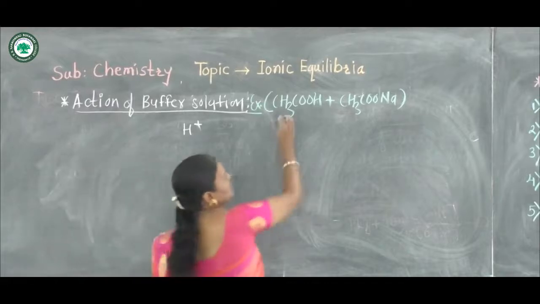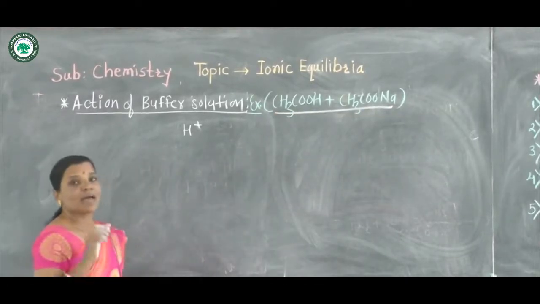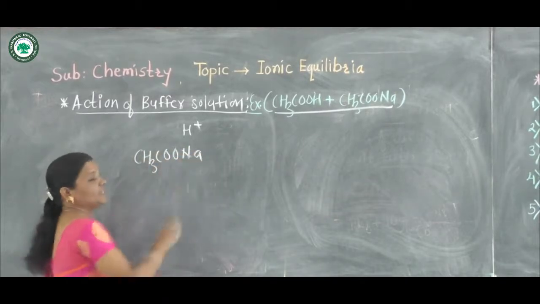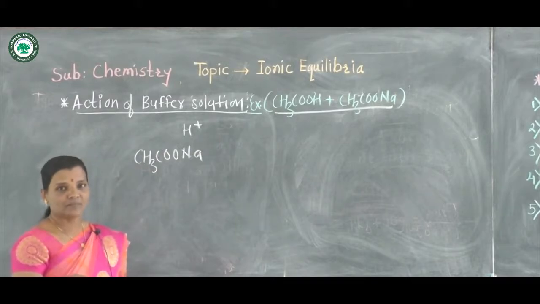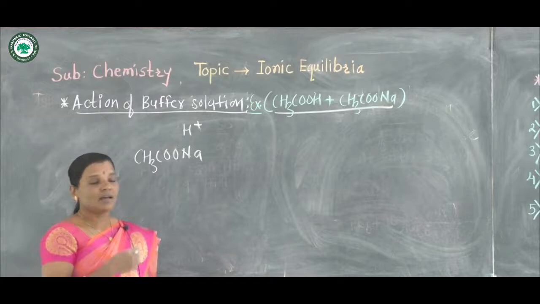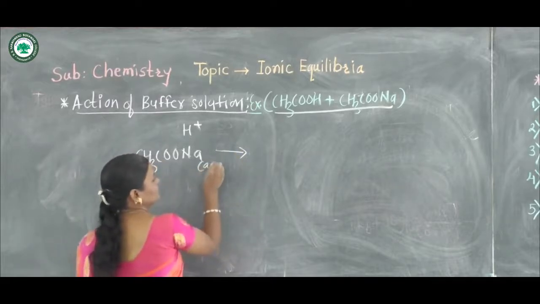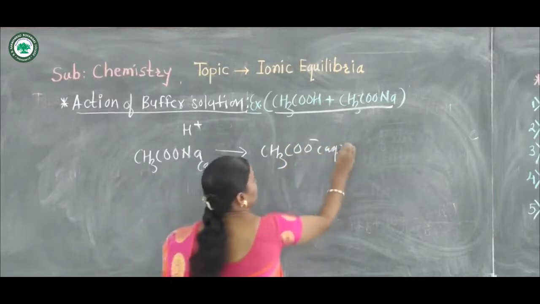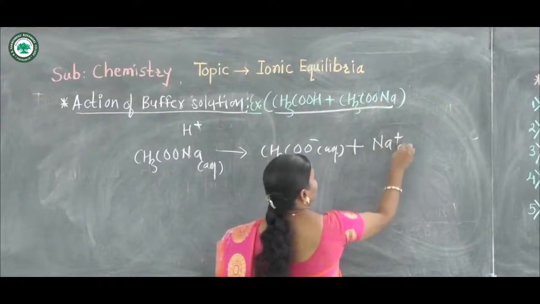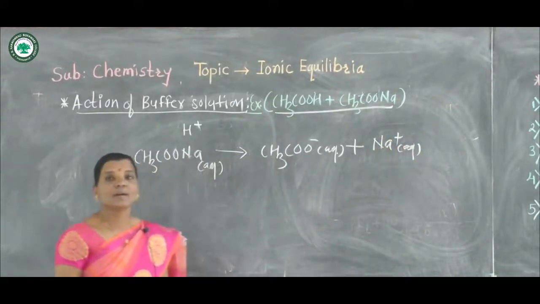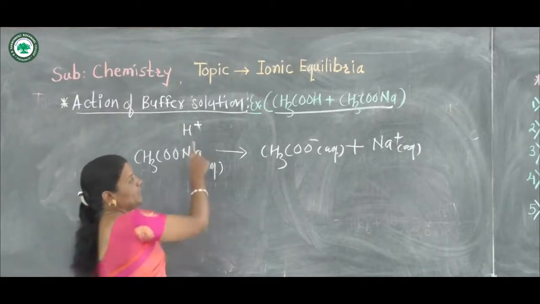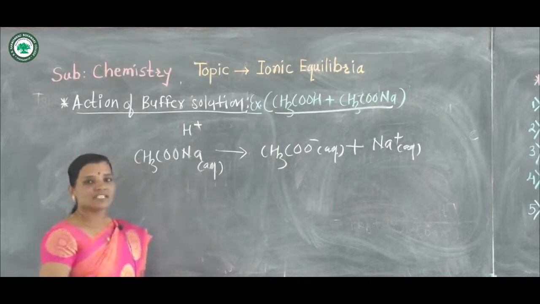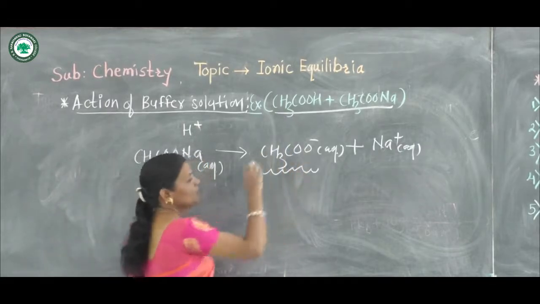Now in this solution sodium acetate, being a strong electrolyte, dissociates to give acetate ion plus sodium ion. Now if we add strong acid to this solution, then in this solution the excess of acetate ions are present.